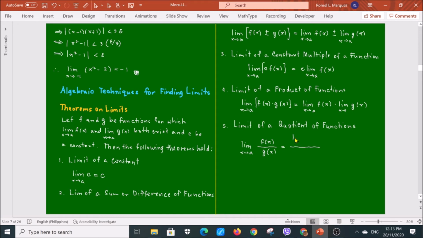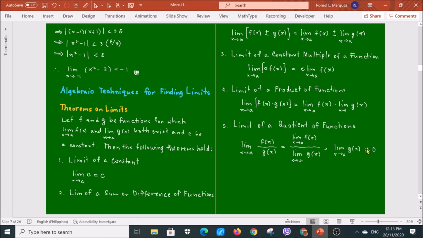Limit as x approaches a of f of x over limit as x approaches a of g of x, provided the limit of g of x as x approaches a is not equal to 0.